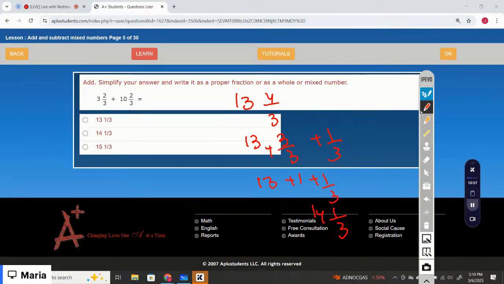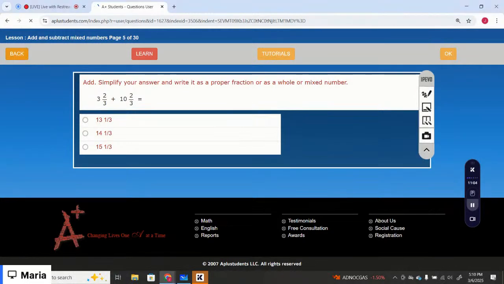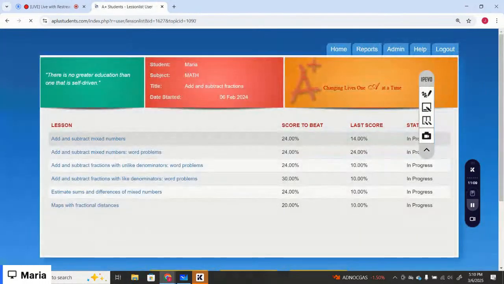Okay, you can complete the lesson by yourself. Let me just move to the next lesson. The next lesson is add and subtract mixed numbers, word problems, you can do on your own.